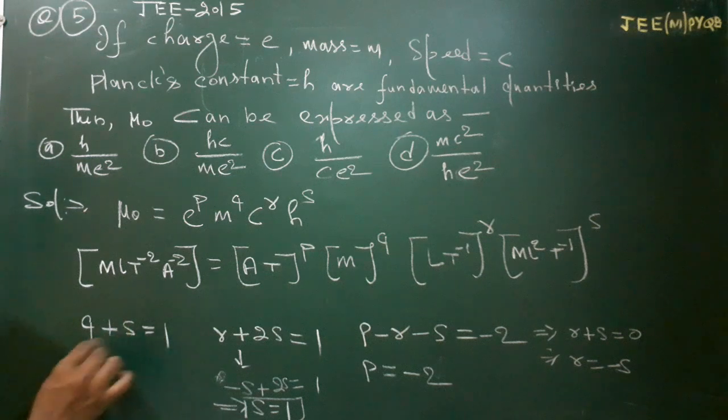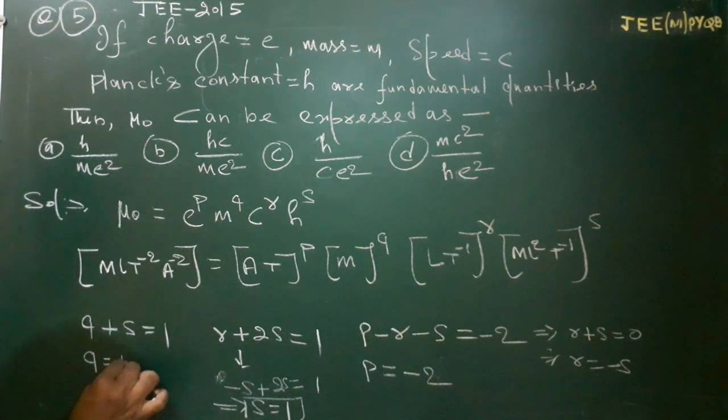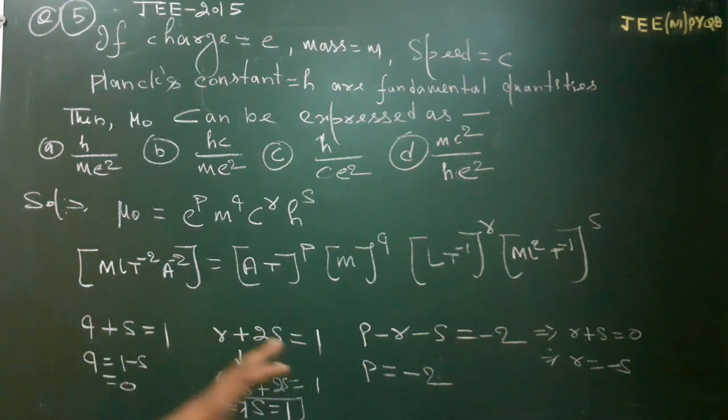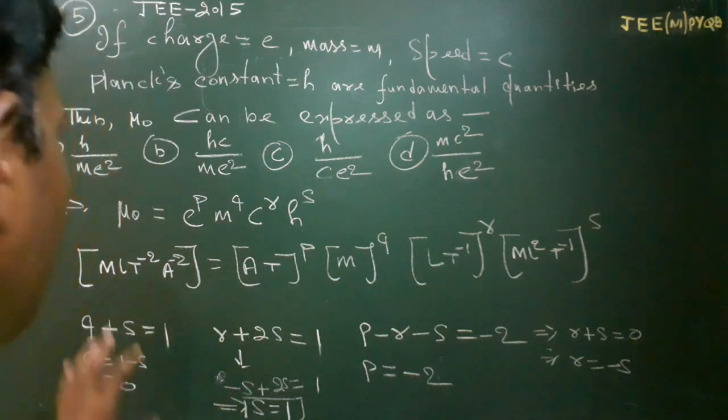Then Q plus S is equal to 1, so Q is equal to 1 minus S, that is 0. So we got the P value, R value, S value, Q value.